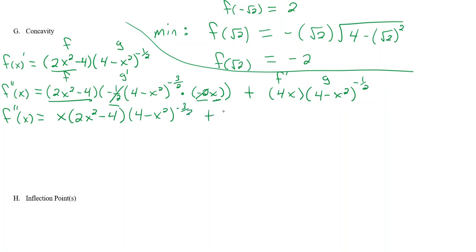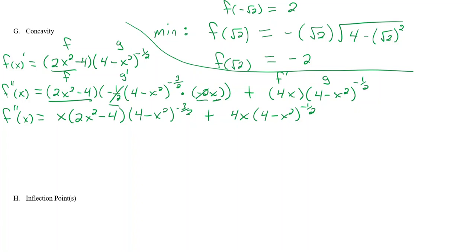And then we still have plus, don't really need those brackets anymore, 4x, and then 4 minus x squared to the power of negative a half. All right, so now, like last time, we could solve for this by getting rid of my negative exponents and putting those down in the denominator and then finding a common denominator.